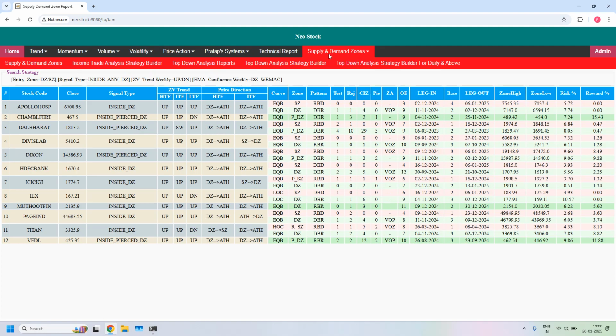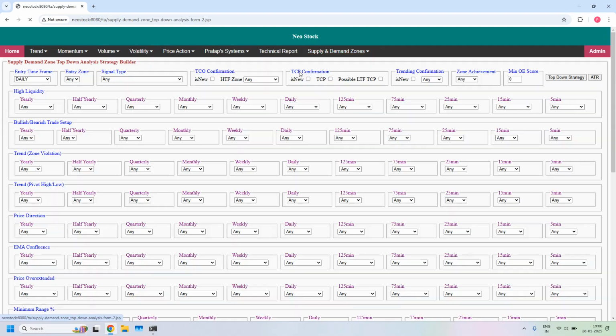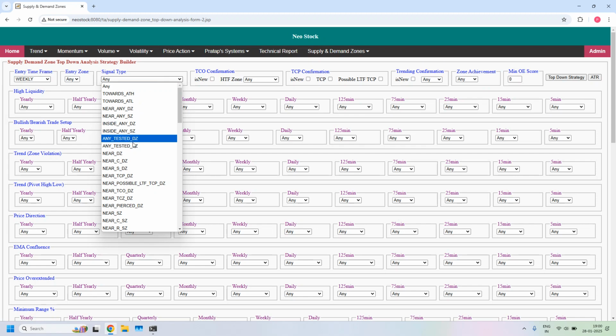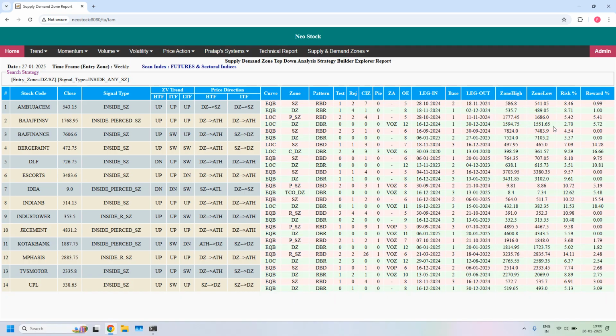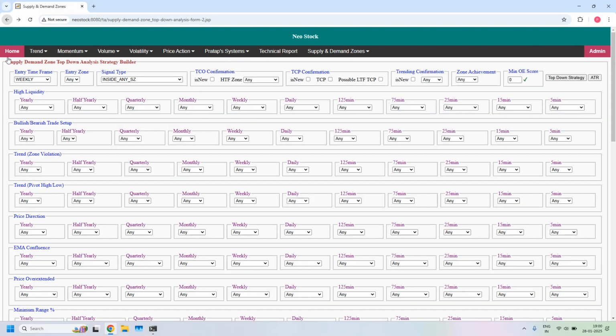Okay, next, weekly time frame. Price closed inside weekly supply zone. We got 14 stocks. Out of these 14 weekly supply zones, how many are having weekly EMA confluence? Let's verify.